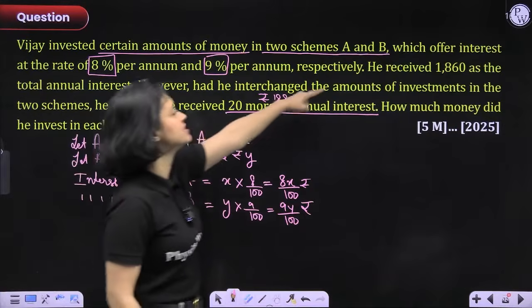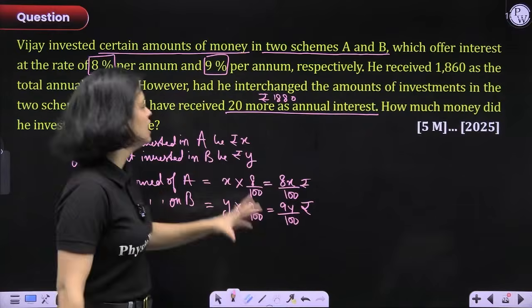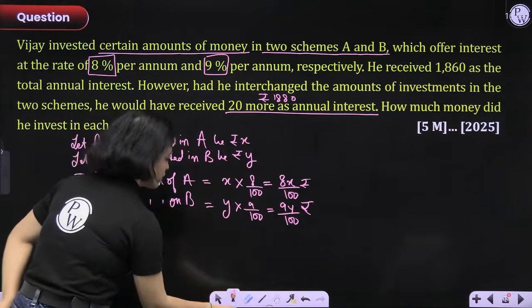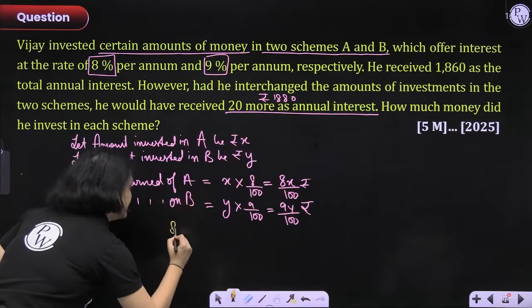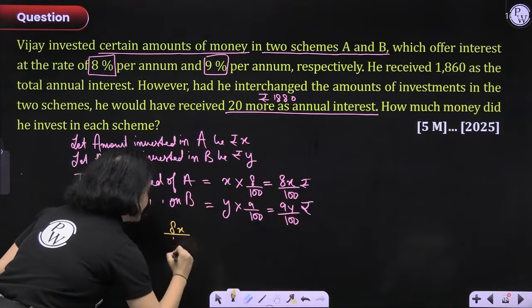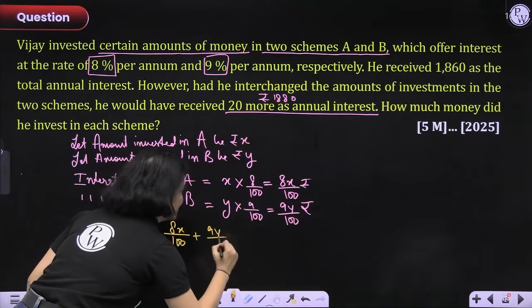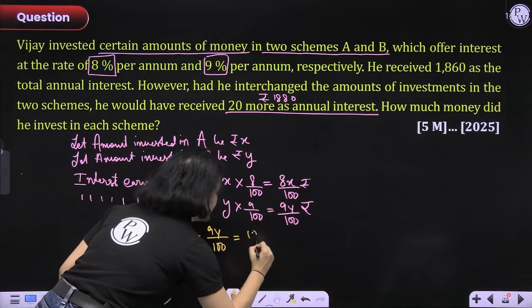Now, they have given us the total interest received is 1860. Okay, very simple. Okay, so the first equation is what? The first equation is the interest earned on first scheme, which is 8x by 100, plus interest earned on second scheme, that is 9y by 100. It is equal to 1860.